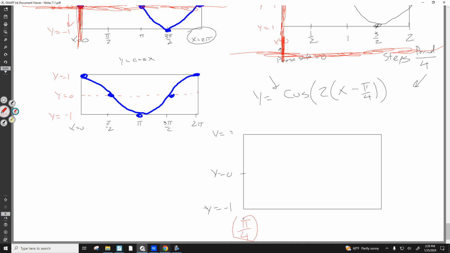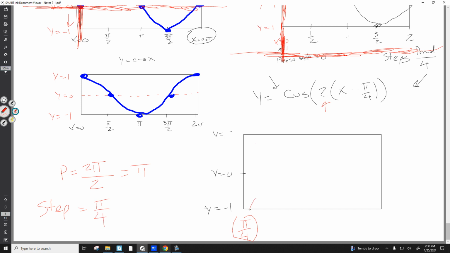What is my period? My period is taking 2 pi and horizontally dilating it by a factor of 1/2. My period is pi. What, therefore, must be my step? Pi over 4.